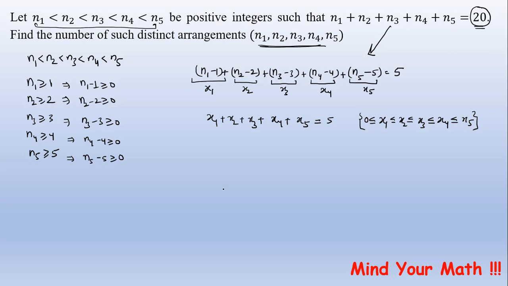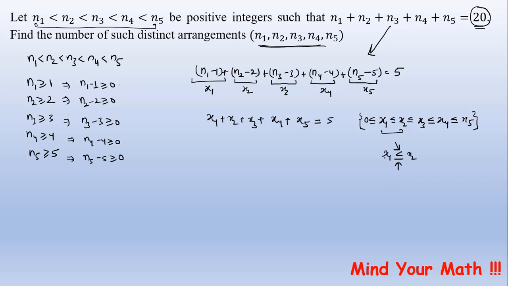Now why have we written all these values greater than or equal to 0? That is from this condition. And why have we taken them in increasing order? Because n1 should be less than n2 and so on. Now understand why we have taken the equality sign here. If you compare x1 and x2, it is easy to understand why we have taken less than, but why have we taken the equal to sign also?